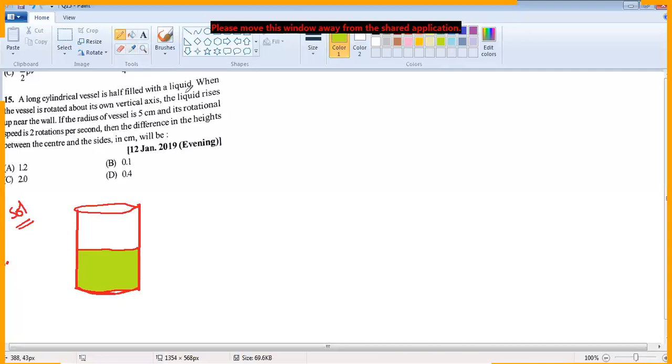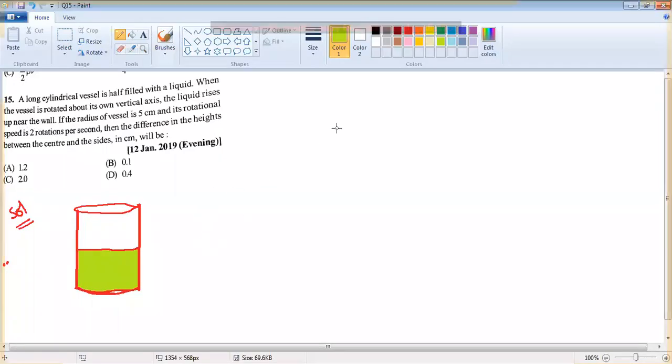Just observe the point here. When the vessel is rotated about its own vertical axis, the liquid rises up near the wall. Just look at this case again. I'm going to the answer.